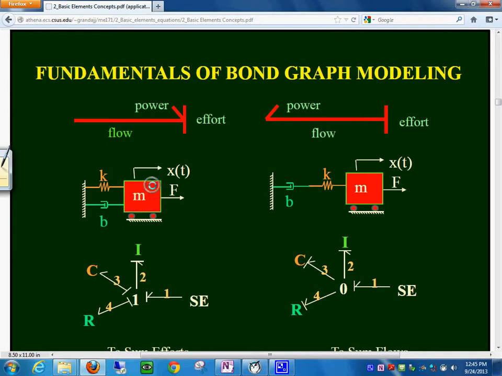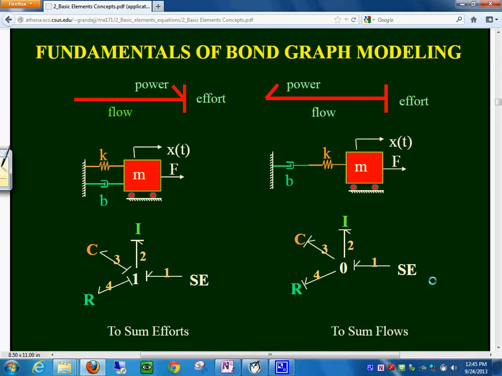So in here you have one force that is applied and the mass moves with all the other elements. So that's why you have this AC and this like this. Yeah. So in here it's the type of connection that we're concerned with.